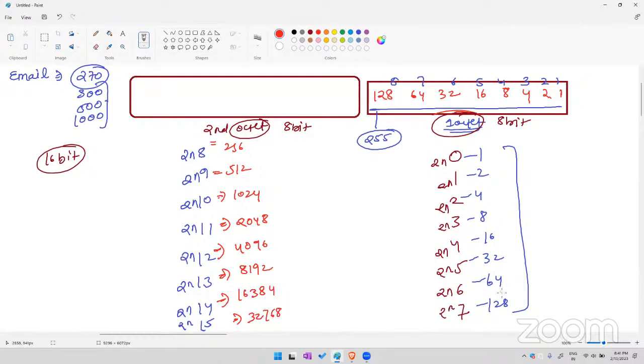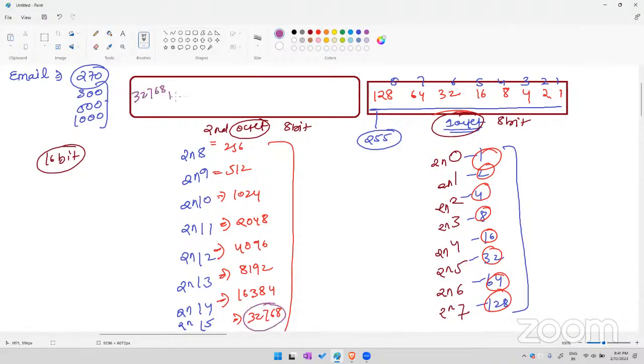Same scenario: we put the higher, then lower, then lower again, until the values are reached. The last one, the highest, is this one. So it represents 32768, 16384, 8192, 4096, 2048, 1024, 512, 256.